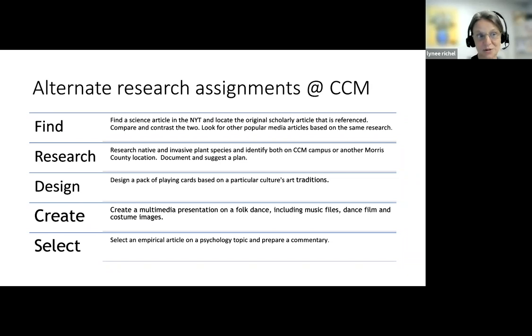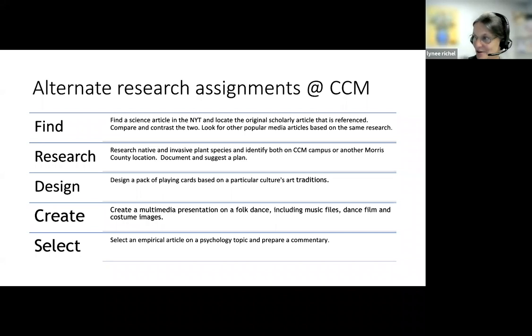She would ask the students to read the New York Times on Tuesday and find an article in the science section about current research. Then, through close reading, they would discover the name of the researchers and perhaps a mention of the journal, go and find the original research, and compare and contrast.